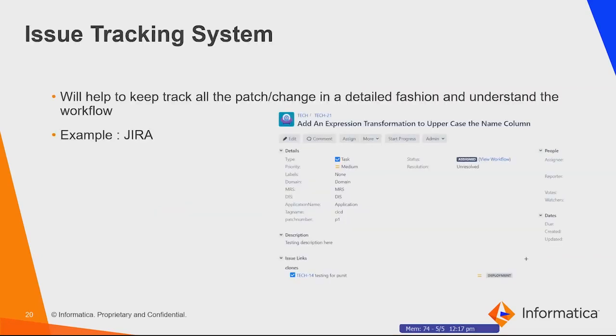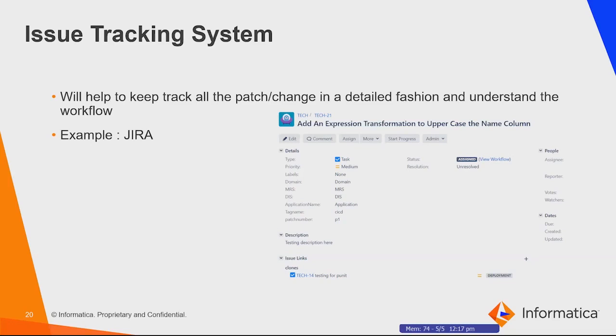So let's start with the issue tracking system. A very good example of an issue tracking system is Jira. It helps us understand the status of one particular issue, the stakeholders, and various other important information about the issue.